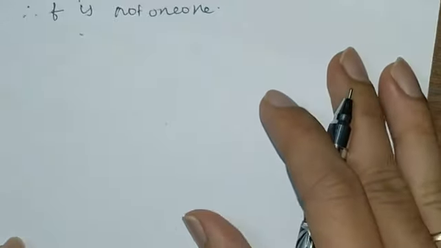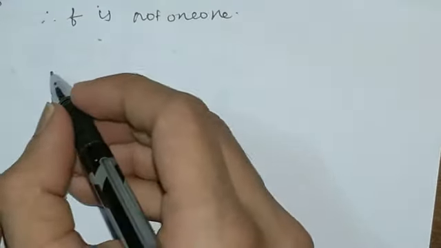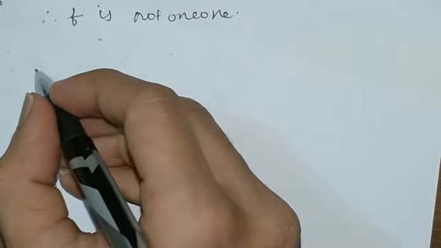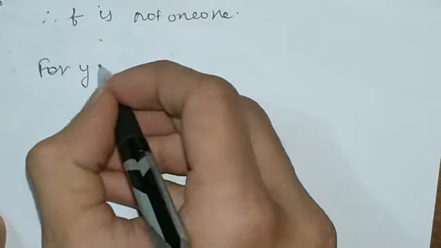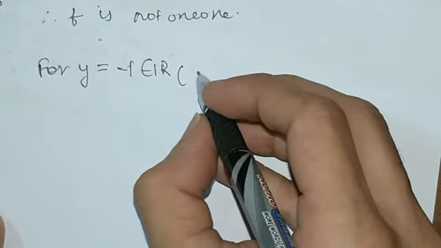Now we have to check whether the function f is onto or not. So you take one element, say y equal to minus 1, which belongs to the codomain, which is the real numbers.